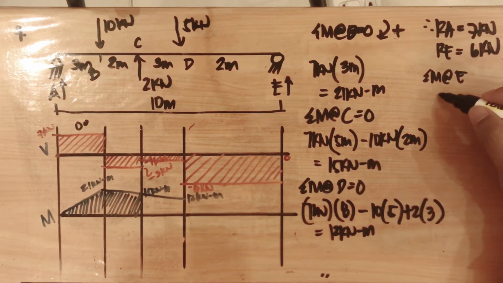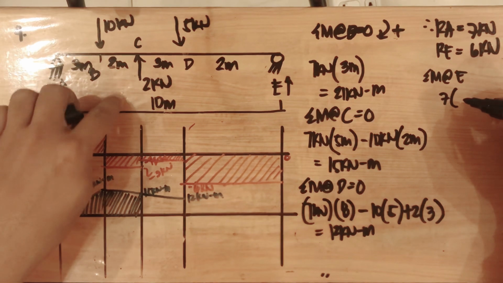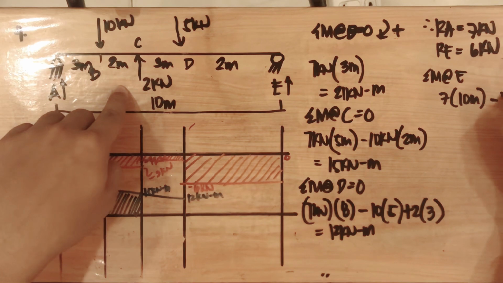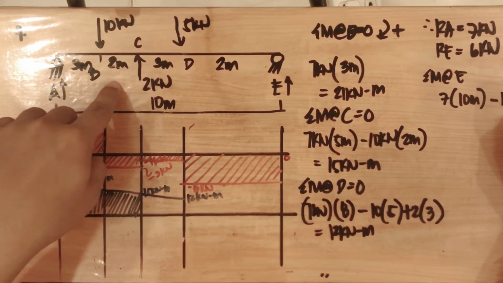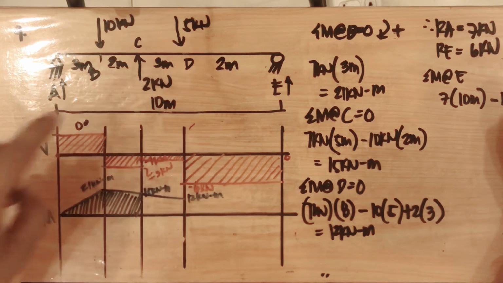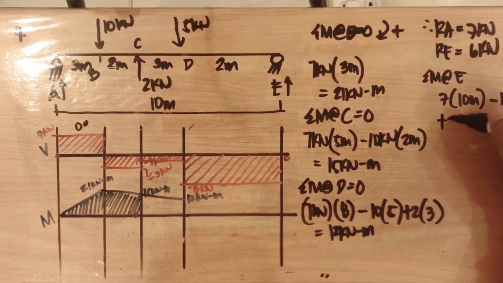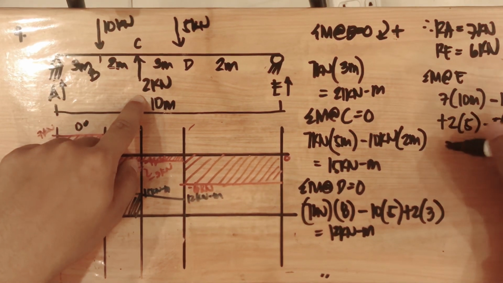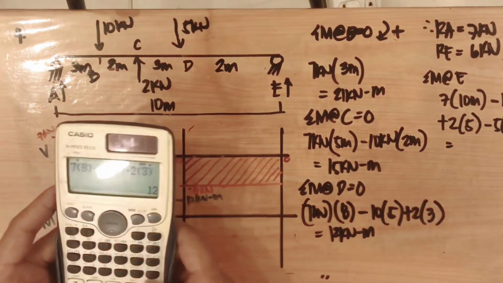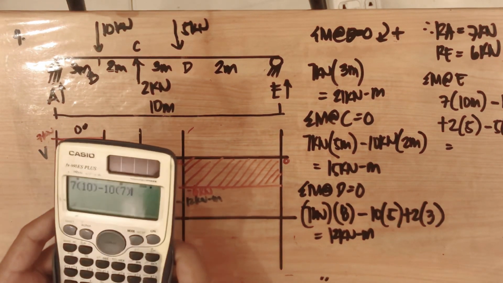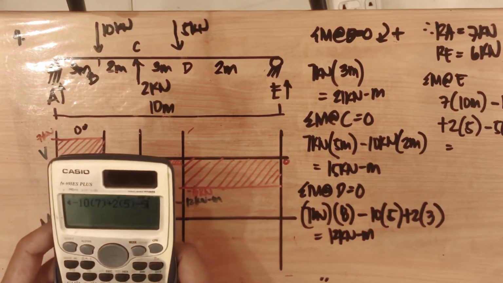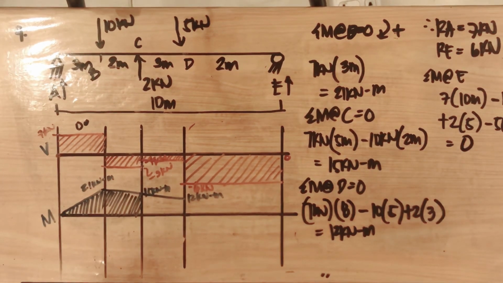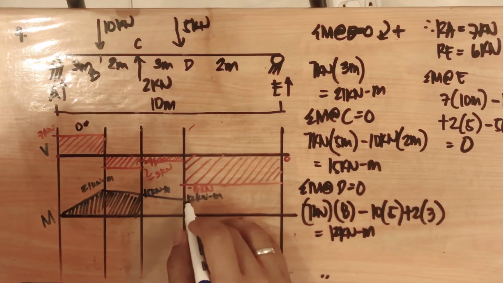So, RA, 7 times 10 meters minus 10 times 7 meters plus 2 times 5 minus 5 times 2 equivalent to, so summation of moment at E is 7 times 10 minus 10 times 7 plus 2 times 5 minus 5 times 2. So, moment at E equivalent to 0. So from 12 kilonewton per meter, naging 0 na yung ating moment.